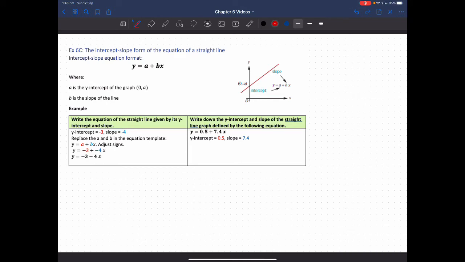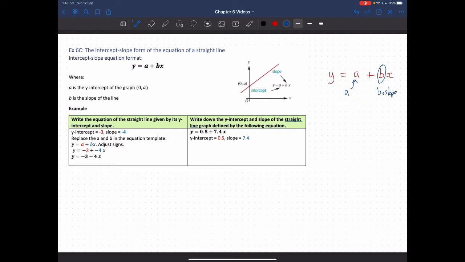We're now going to consider straight lines in the form of y equals a plus bx, where b is the slope, as we have said earlier on, and a is going to be the intercept for the vertical axis.